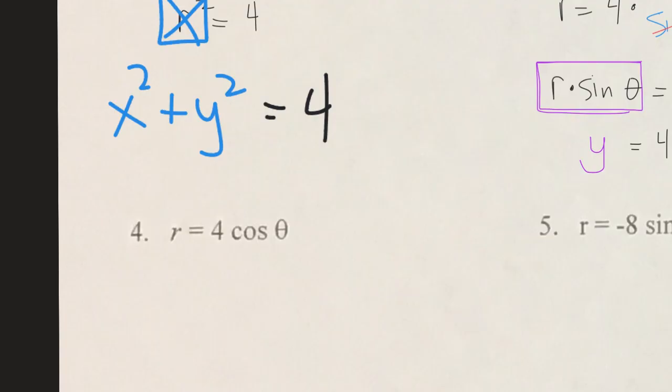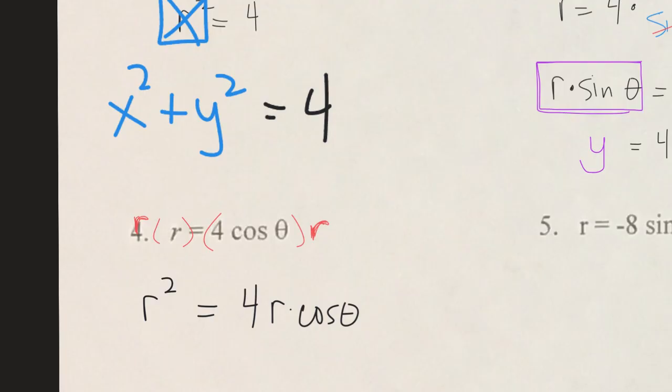What do we want to do here? This one, we're actually going to multiply both sides by r, rather than squaring, because that doesn't help us. So that gives me an r squared over here and a 4r cosine over there. Okay?